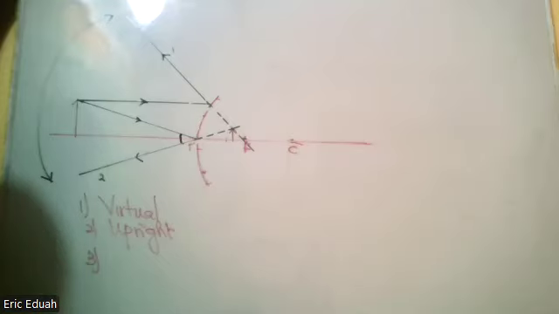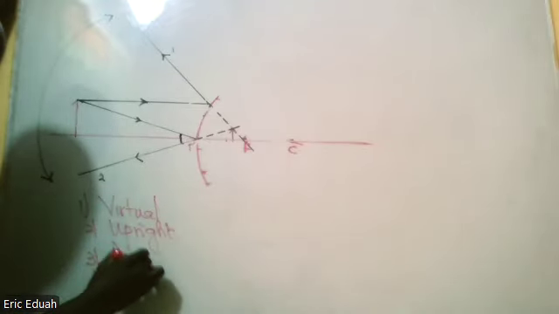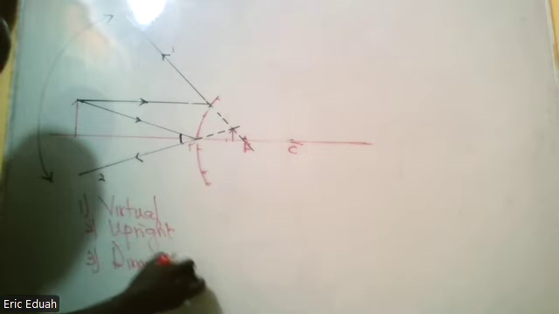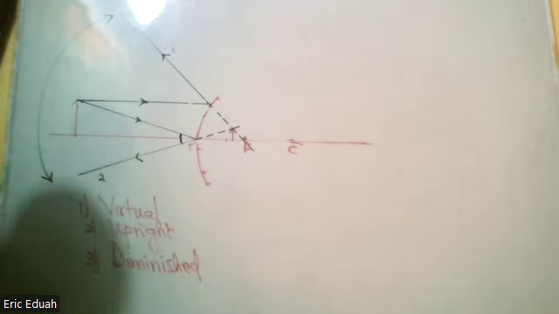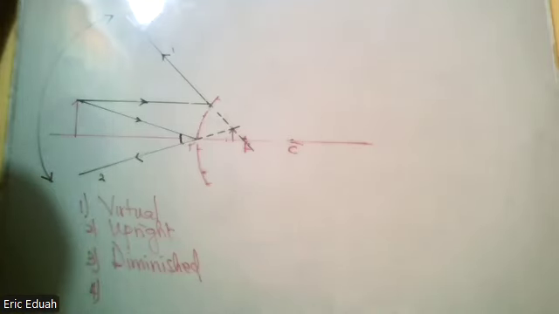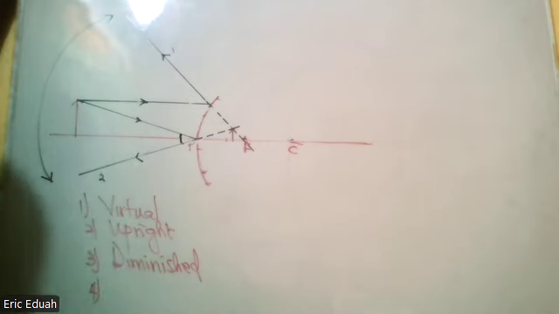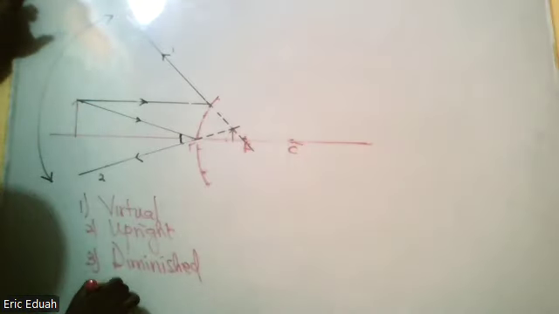It is diminished. Then lastly, it is formed opposite to the object, behind the mirror.